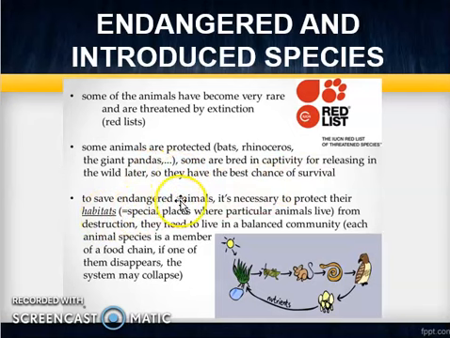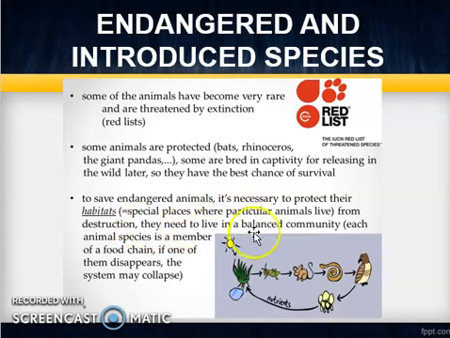To save endangered animals, it is necessary to protect their habitat. So this is one of the ways we can protect endangered animals and increase their population number, whereby we protect their habitat from destruction.